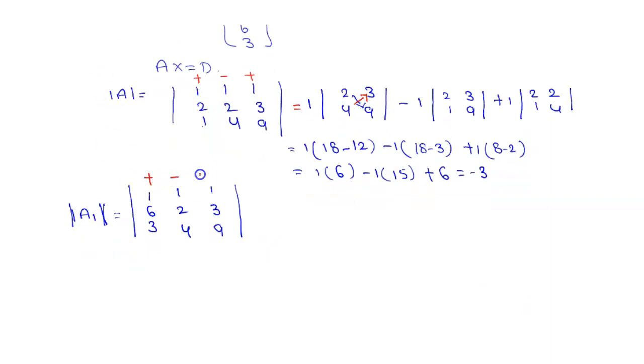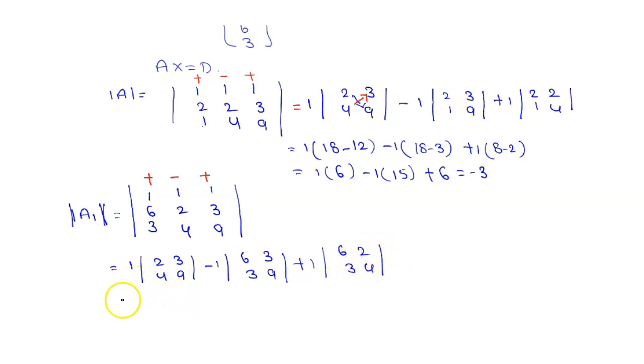plus minus plus. So this is equal to 1 into, with the first row and first column eliminated, the leftover values 2, 3, 4, 9. Next minus 1 into 6, 3, 3, 9, and plus 1 into 6, 2, 3, 4.